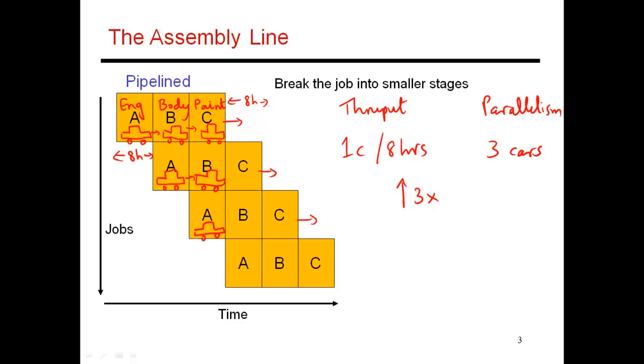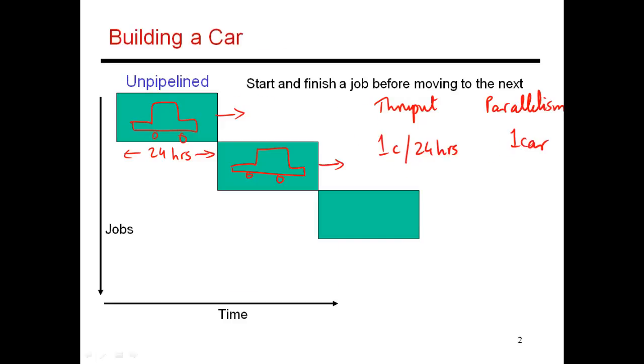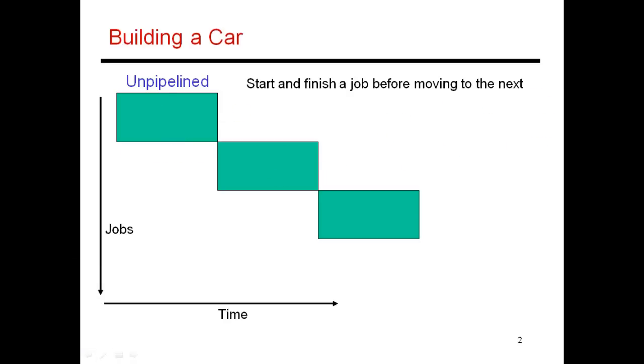Okay, so now let's go back from this car assembly line analogy to executing an instruction on a pipeline. Let's go over here to the unpipelined case. If I'm trying to execute an instruction without any pipelining, there's a certain sequence of circuits that has to be executed.